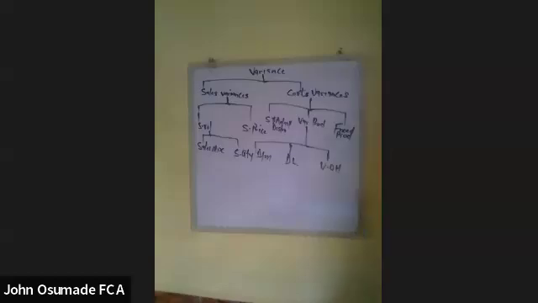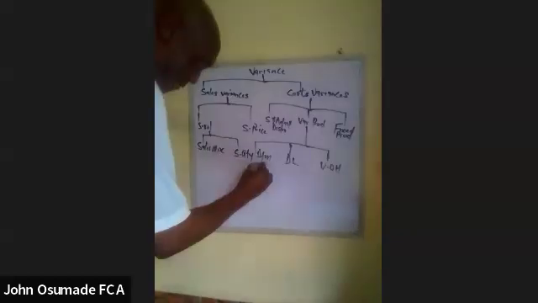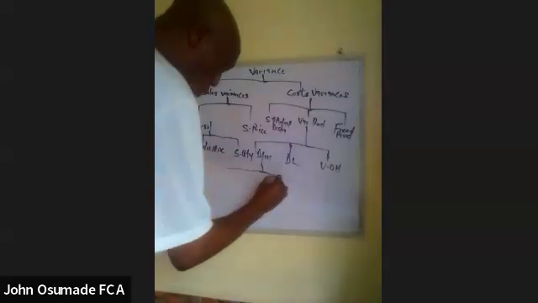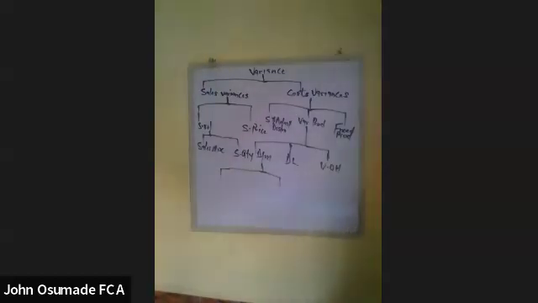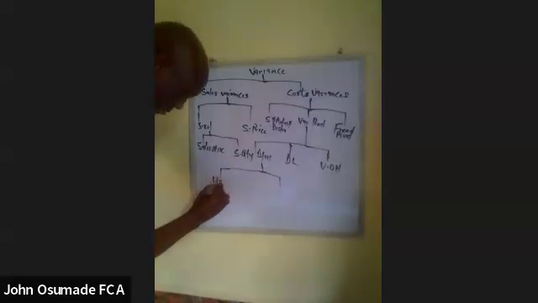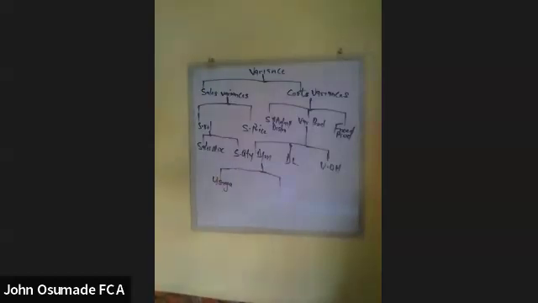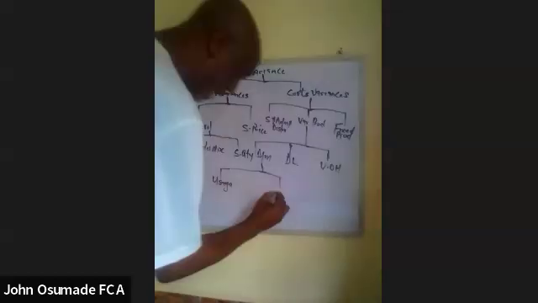Now, under direct material, which can be divided into two, we have price variance and usage variance.